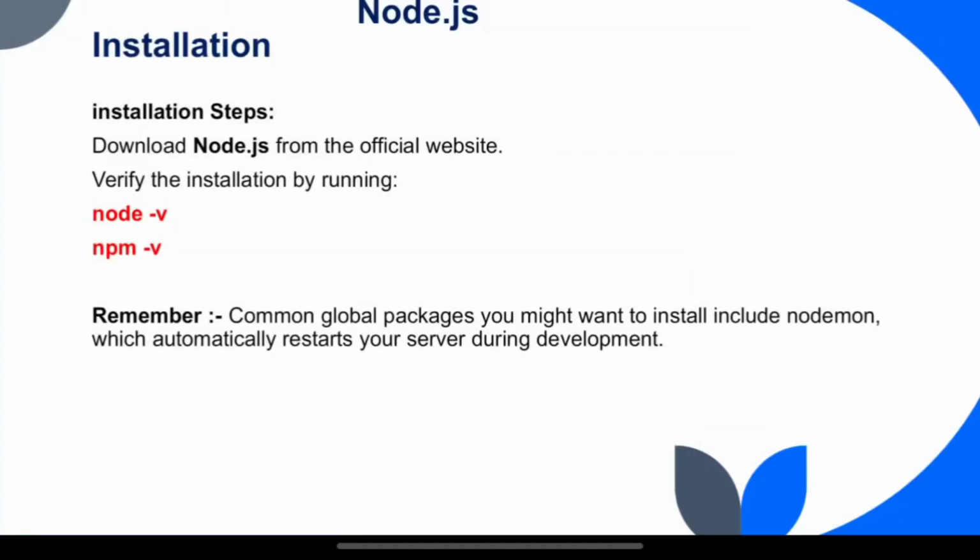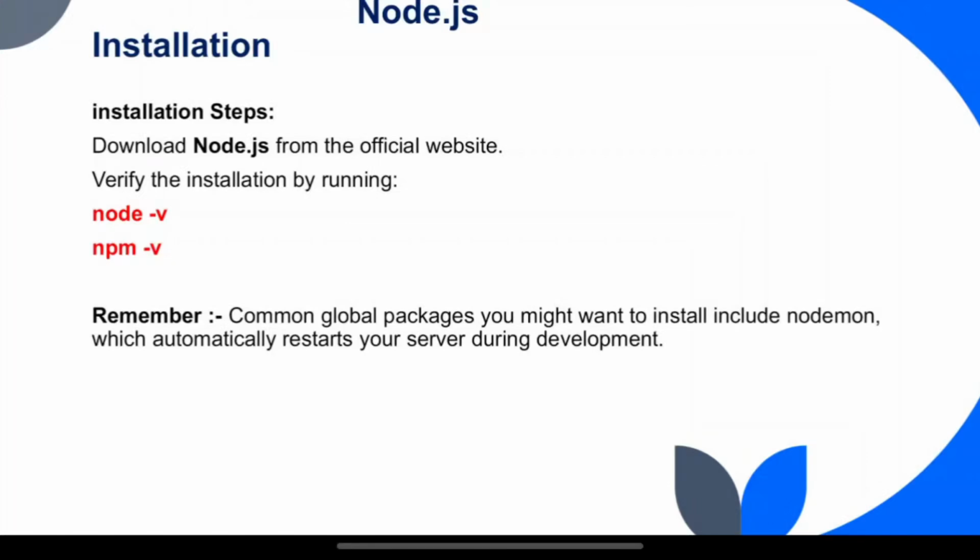So next is Node.js installation. Installation steps: download Node.js from the official website. Please go to the official website of Node.js and download it for your system like Mac, Windows, Ubuntu or anything. Verify the installation by running node -v.